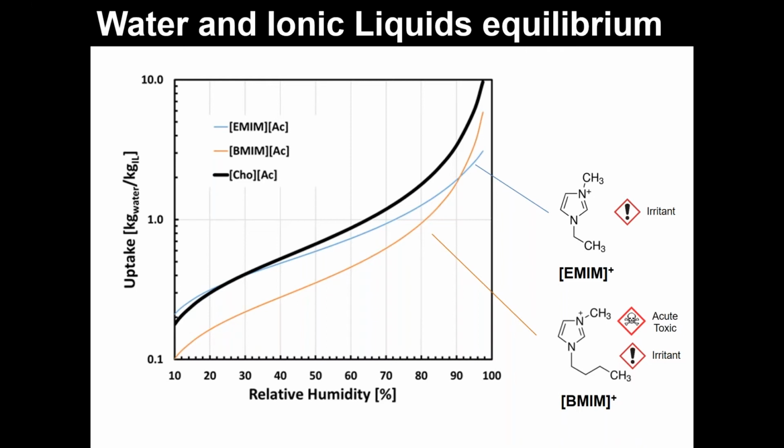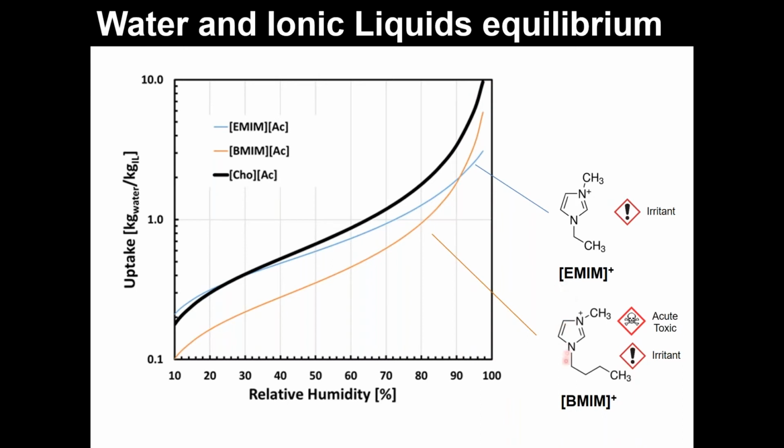Now these three curves show the BMIM cation, the EMIM cation, blue line, and a third cation, which is the choline cation in a choline acetate ionic liquid.